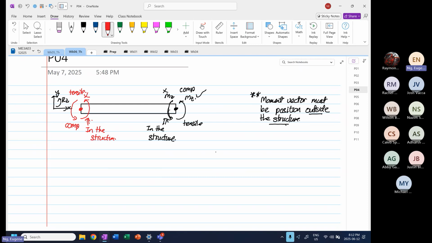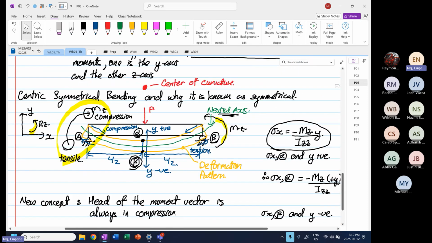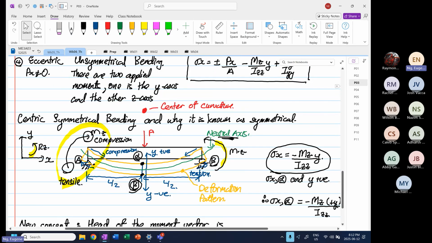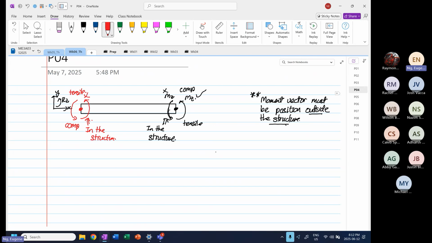Now, the next thing that I'd like to talk about is what do we mean by symmetrical and unsymmetrical. We're going to address centric symmetrical bending and what is known as symmetrical and unsymmetrical bending.